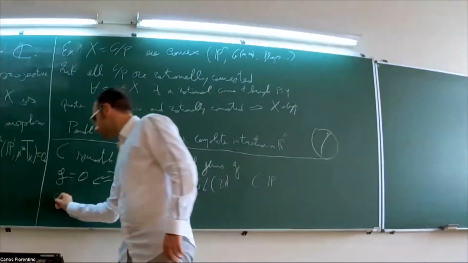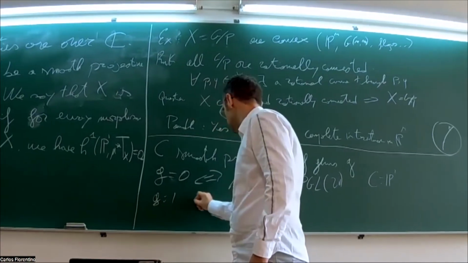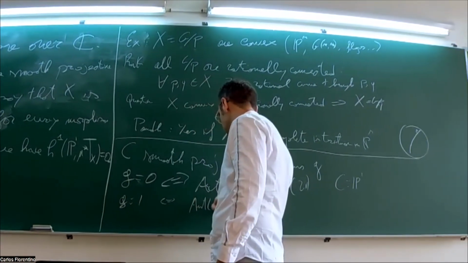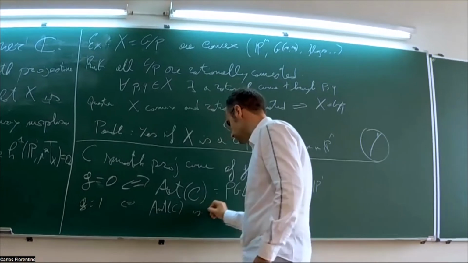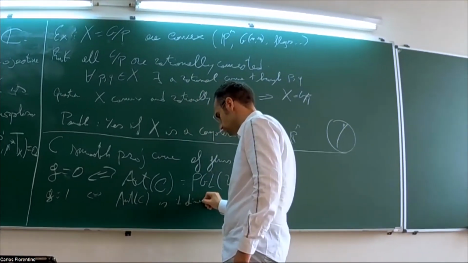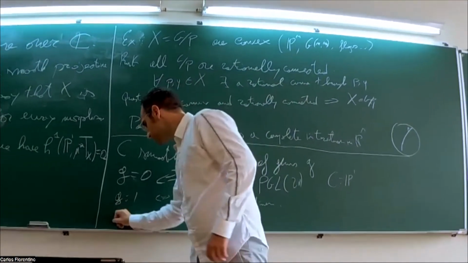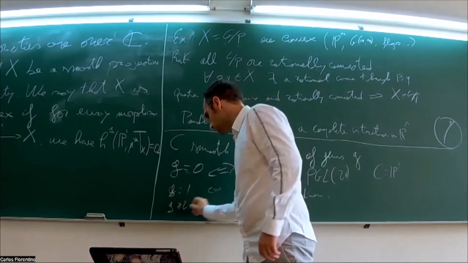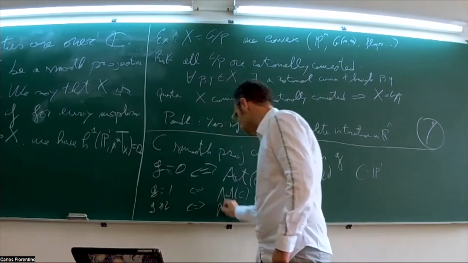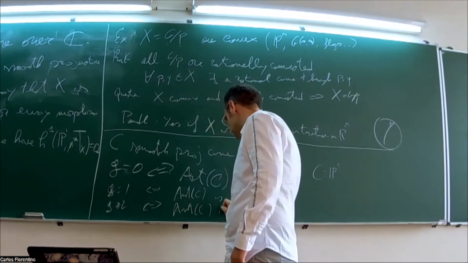Then when we have g equal to 1, the automorphism group of C is one-dimensional. And when g is at least 2, then the automorphism group of C is finite.